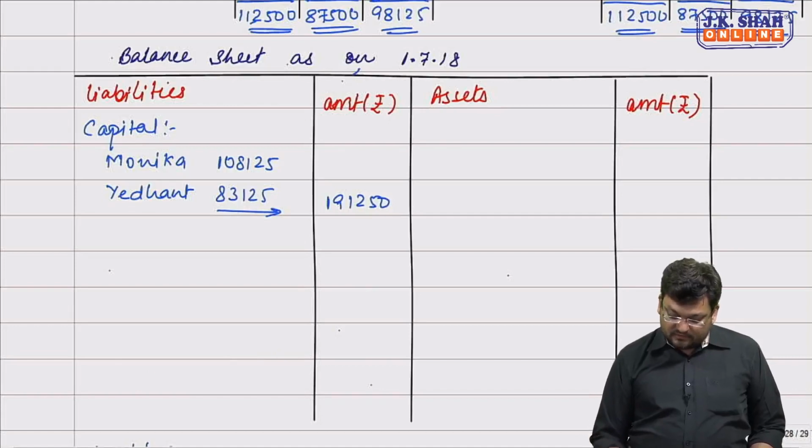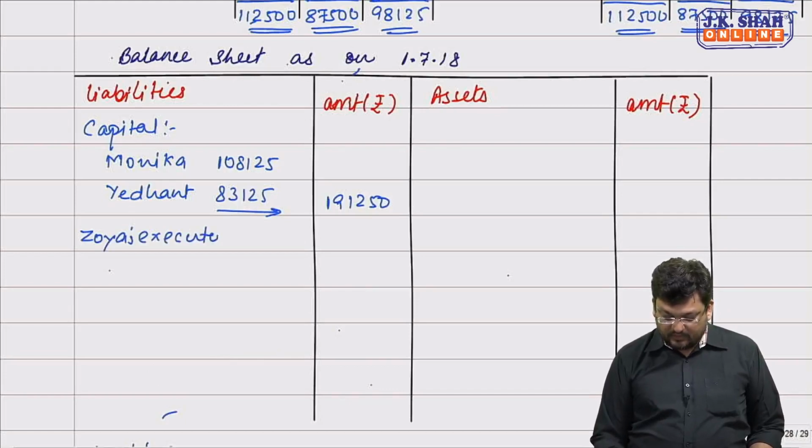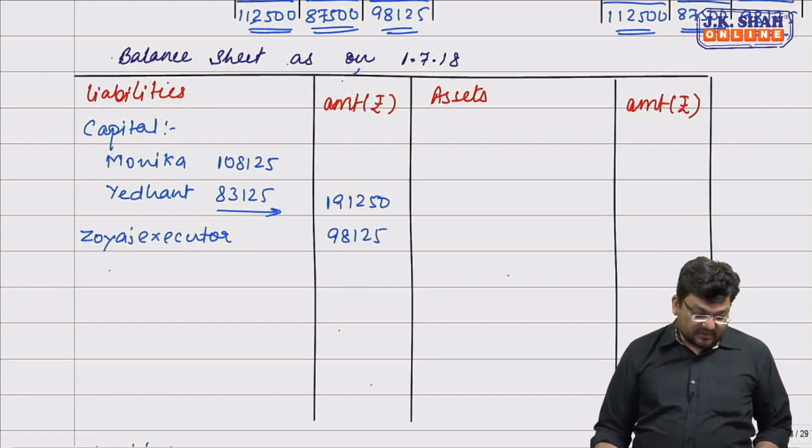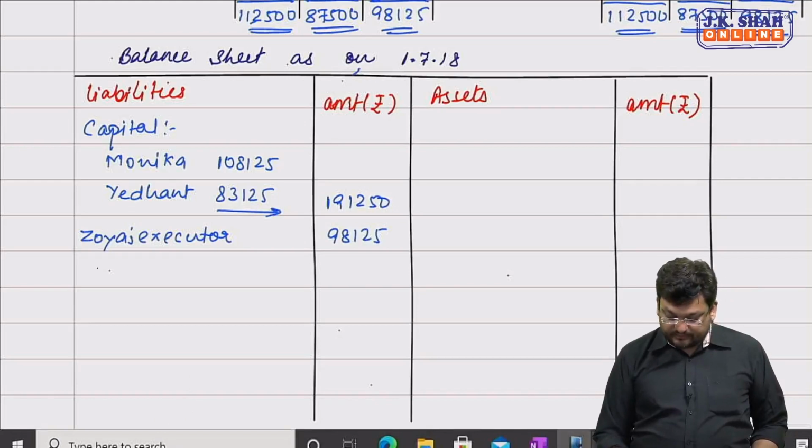Then in liabilities, we'll show balance of Zoya's executor. Amount payable to her executor is 98,125. Other liabilities include creditors of 20,000.